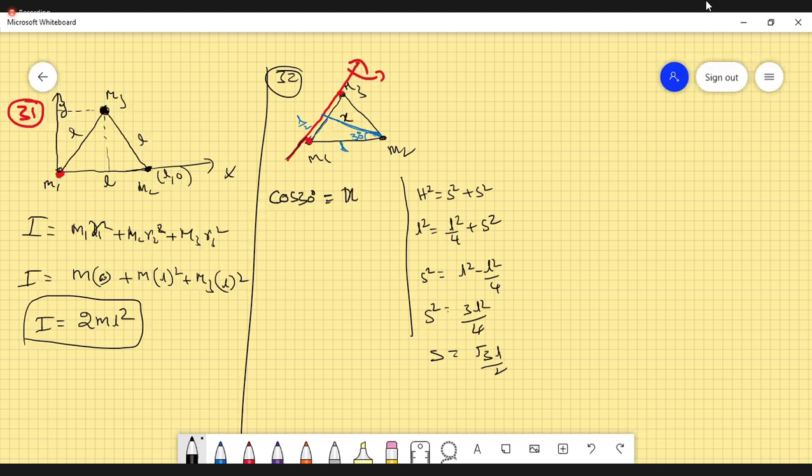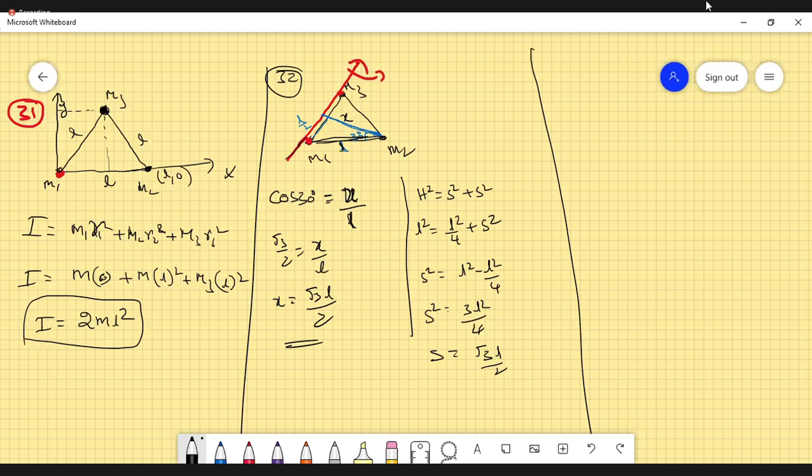Adjacent is x, hypotenuse is L. So from this, cos 30 is root 3 by 2 equals x by L, and x equals root 3L by 2. This is the hypotenuse. The S value, the distance you got, that is the R value.